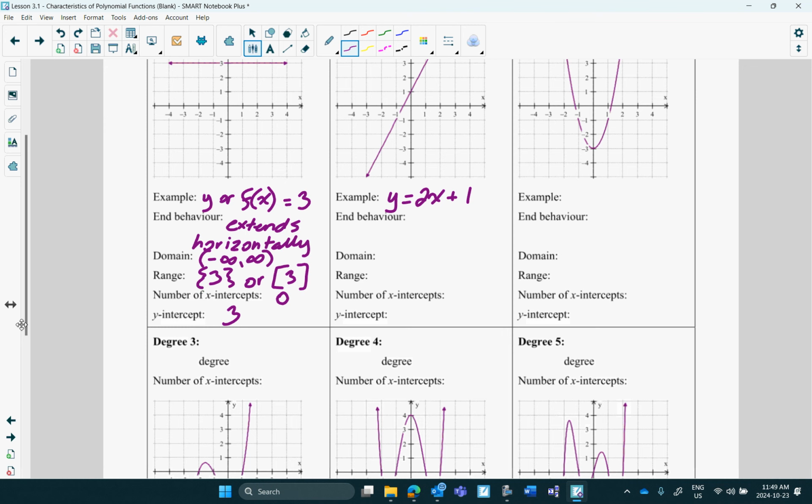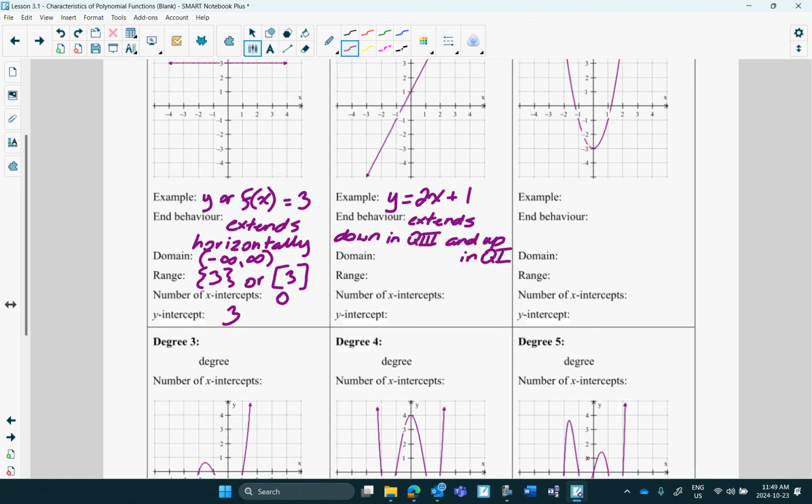So it extends down in quadrant 3, and up in quadrant 1. So in terms of vertical direction, that's going in opposite directions, which is what we talked about with odd degree functions. The ends go in opposite directions.